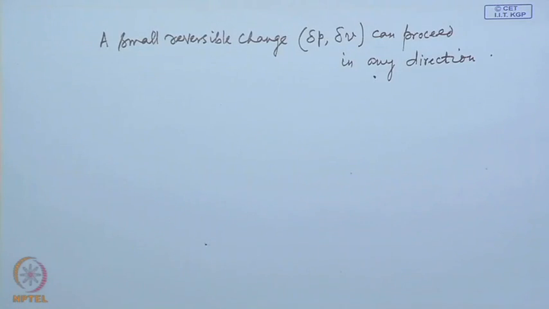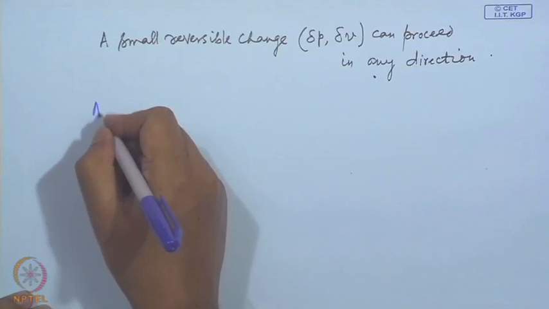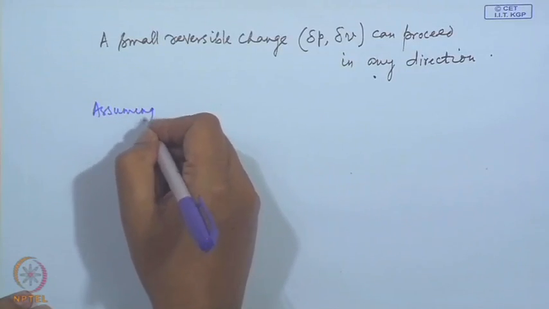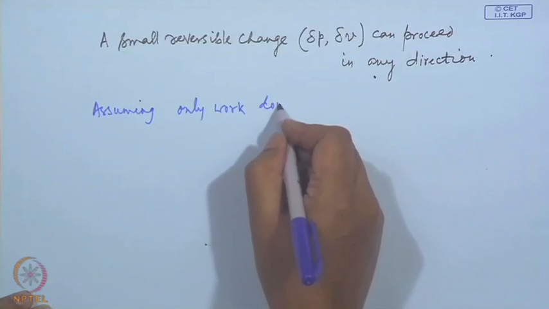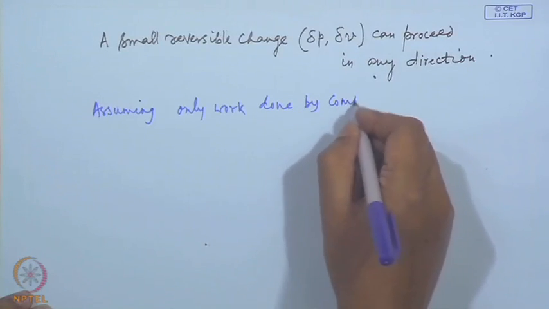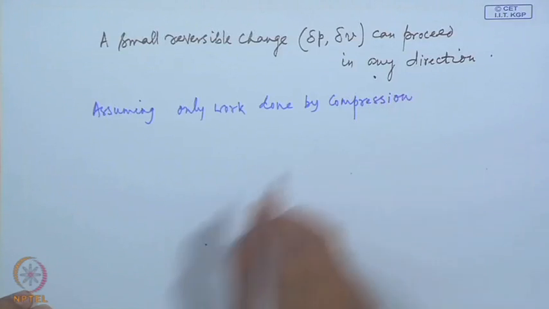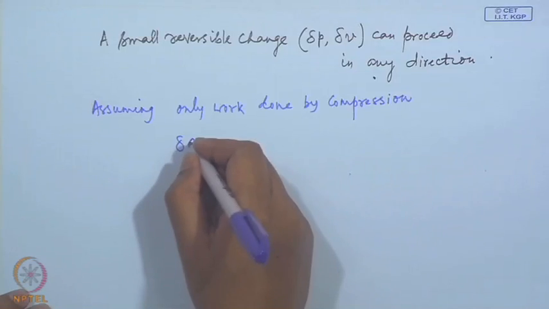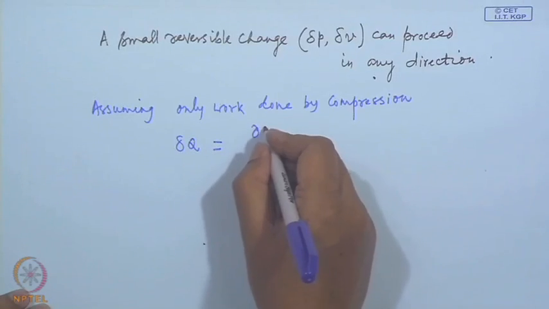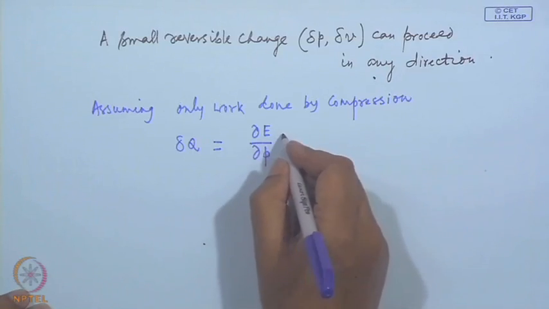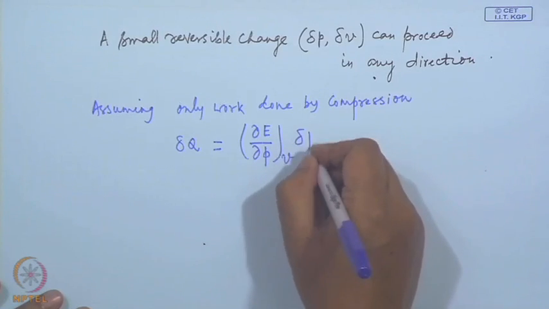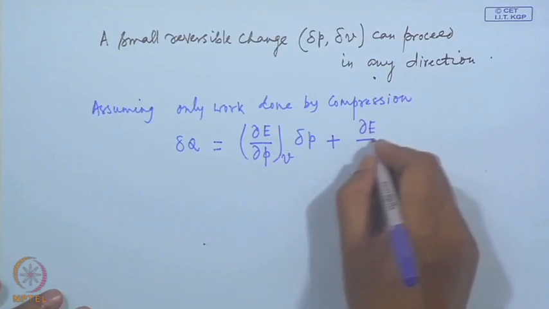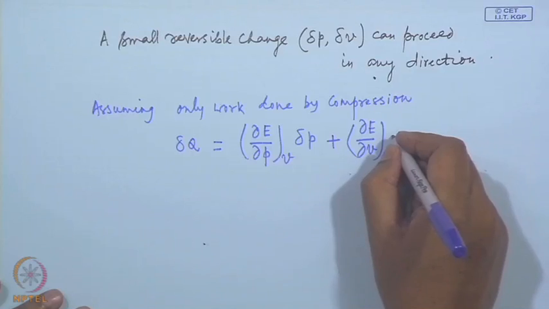Now, assuming that the only work done is by compression, we have delta q is dE/dp at constant volume into delta p plus dE/dv at constant pressure into delta v.